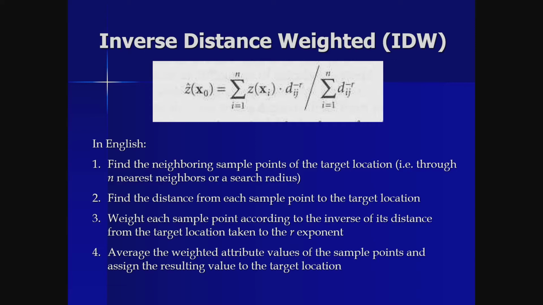Another way to say that is it's the sum of all the observations divided by the weights, which is 1 for every single observation. So instead, here we're saying it's the sum of all the observations times their weight divided by the sum of the weights. That's how that is. So we're averaging the weighted attribute value. So all we need to do is think a little bit harder about how to calculate these weights.